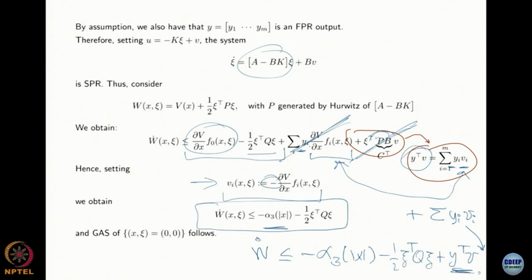So if you integrate this, and just for the sake of argument forget about this term, you see that you have this passivity property between v and y. If this thing that is bothering you was not there, you have a passive system.